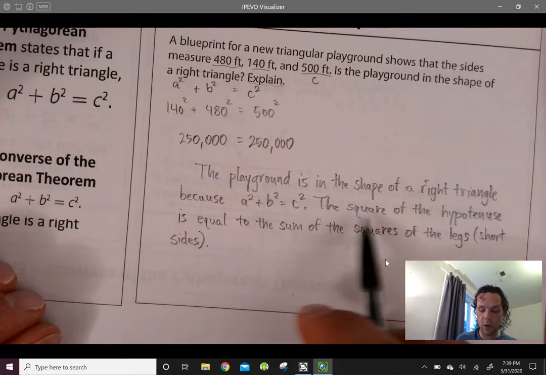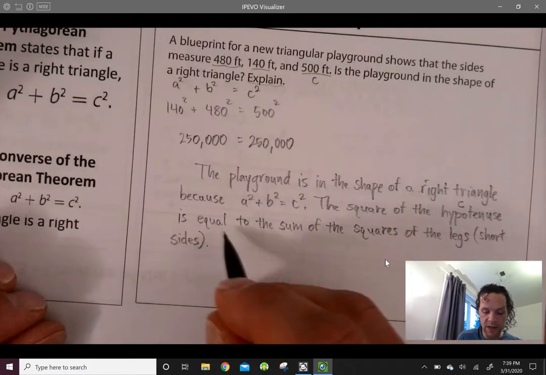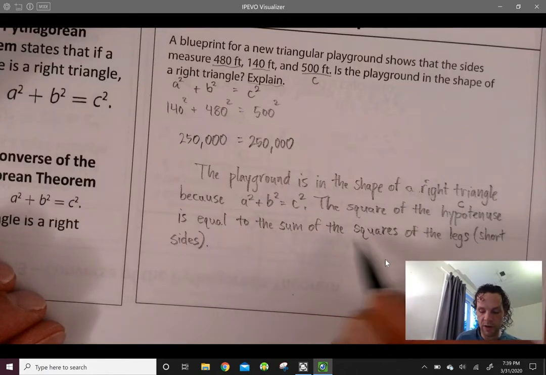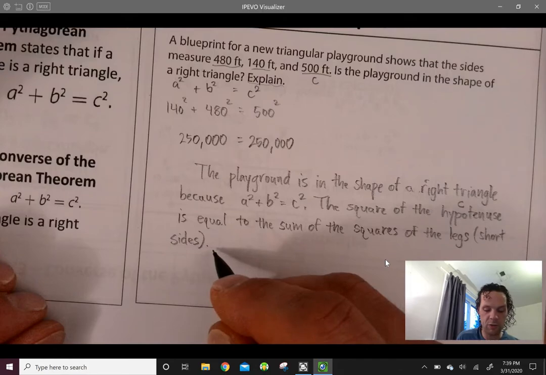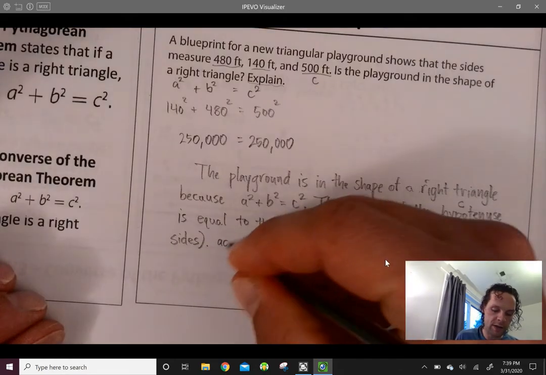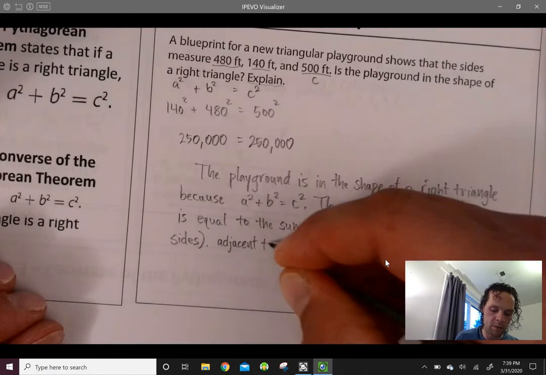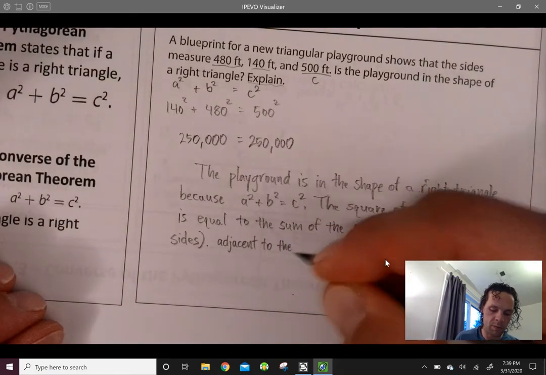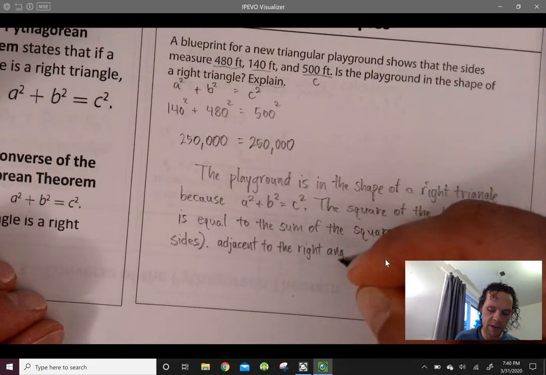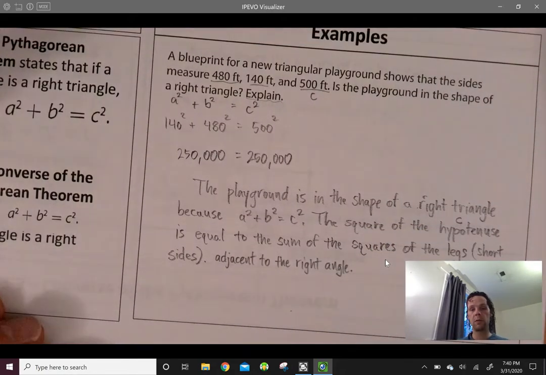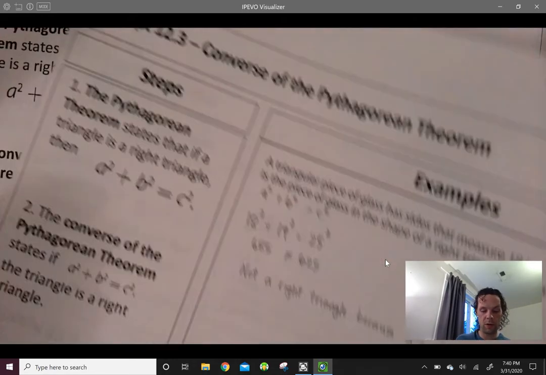The square of the hypotenuse, c, is equal to the sum of the squares of the legs, the short sides. They're adjacent to the right angle. Adjacent is next to. That's what we're talking about here. Ask questions if you need to. You know where to ask.